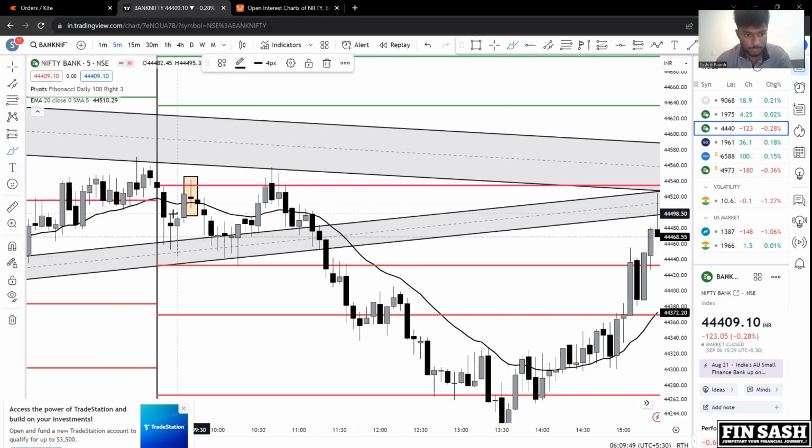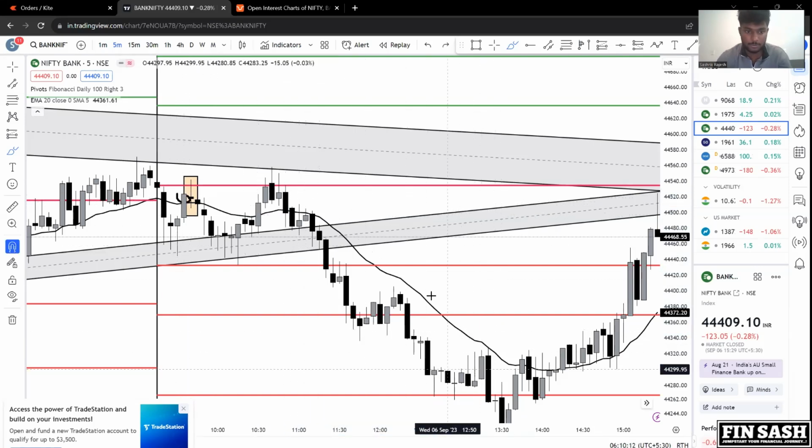There was a pin bar candle and a huge bullish candle here. As a bullish trader, you would have thought, let's go bullish on the market, because clearly a pin bar candle, clearly a bullish candle. And it also broke the 20 EMA. You can see this black line is the 20 EMA.